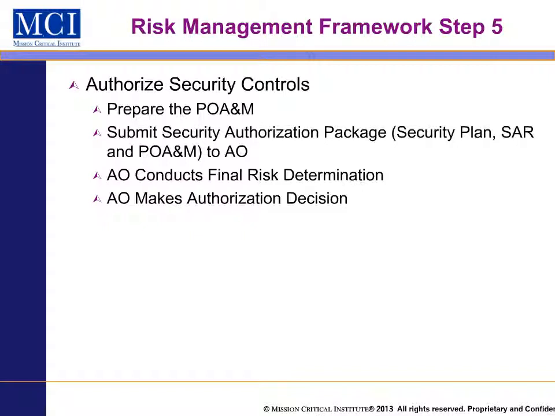You then determine the risk to the organizational operations, and that's going to include mission risk, function risk, image, and reputation. You're going to also then determine the risk to the organizational assets, the individuals, and other organizations or nations as appropriate. Finally, you will determine if the risk to the organizational operations, assets, individuals, organizations, or nations is acceptable.